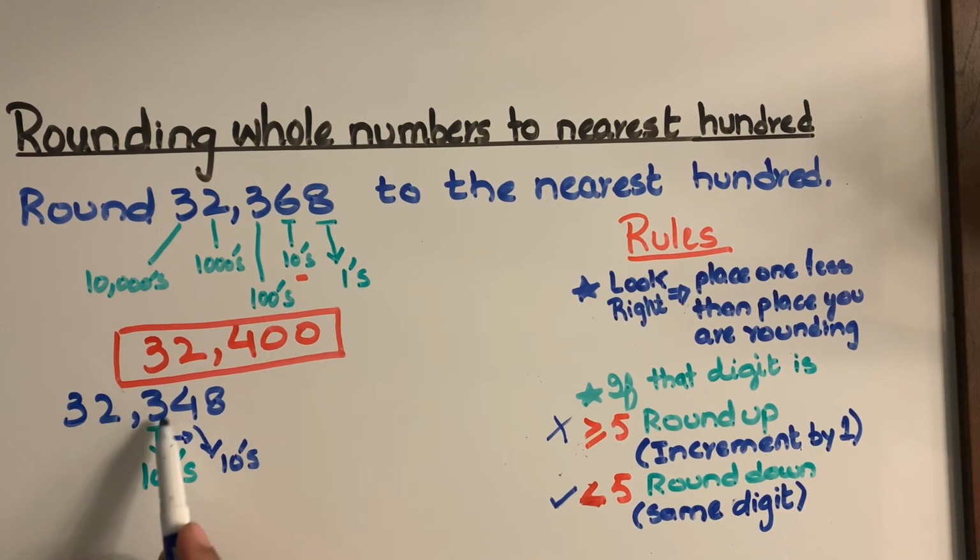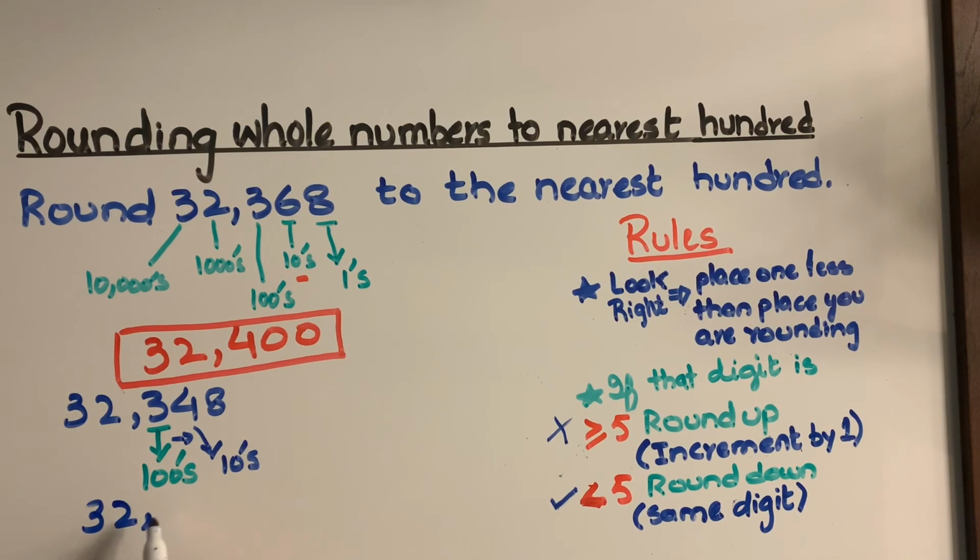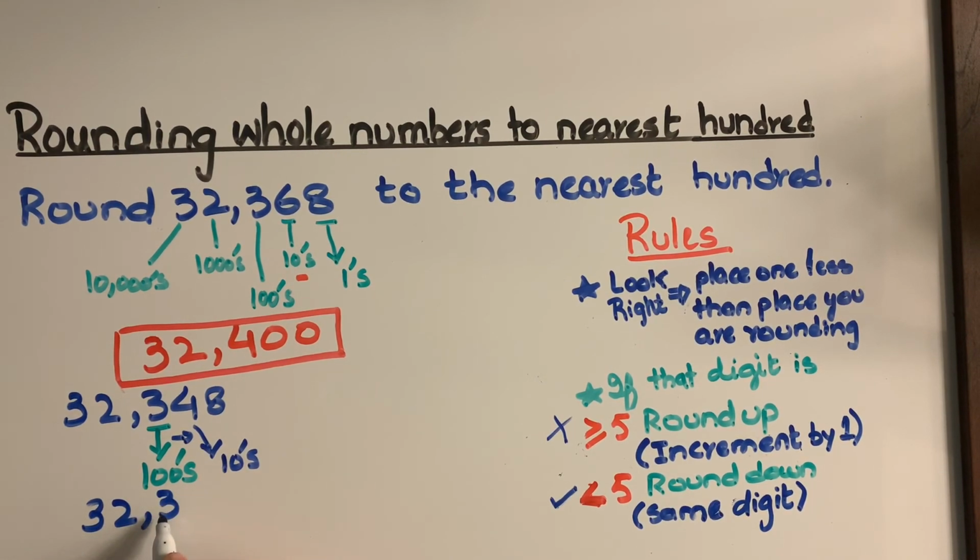Here, round down doesn't mean that we are going to decrease this number, because round down means the same digit will stay. So this number will be 32,000, the same digit 3, and with 2 zeros, 300. 32,300 is the answer to this question.